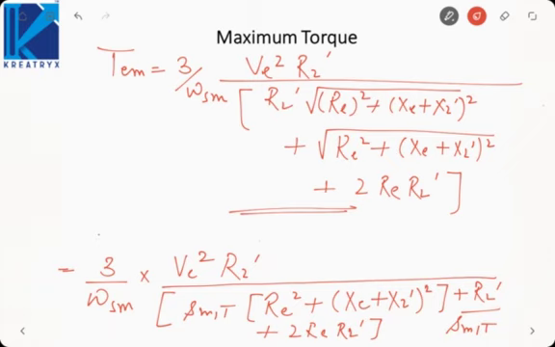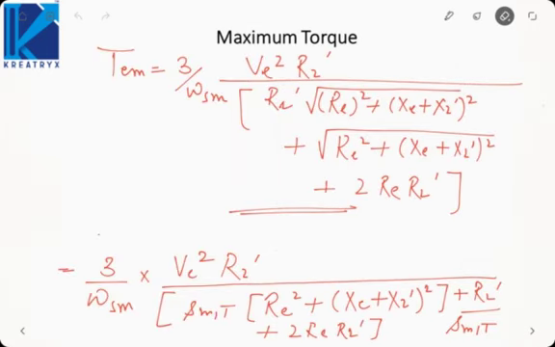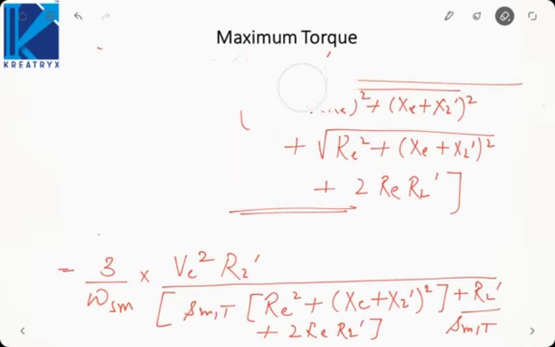Okay. So that is how we can derive the maximum torque using the SMT. You have to remember the expression for SMT and then you can substitute it to determine the maximum torque. Okay. So now, suppose we again make an assumption that we neglect the stator impedance.